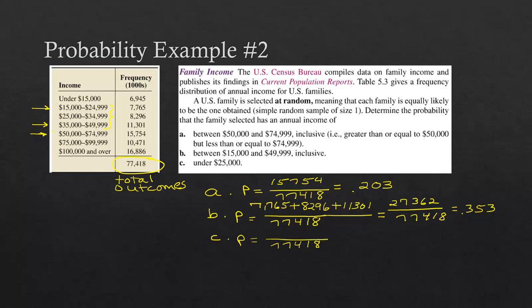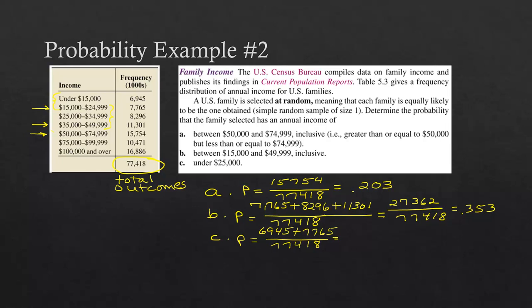But how many do we have under 25? Well, under 25 would be these first two right here. 24,999 and under. So you've only got two values there that are under 25. You've got the 69.45 and you've got the 77.65.